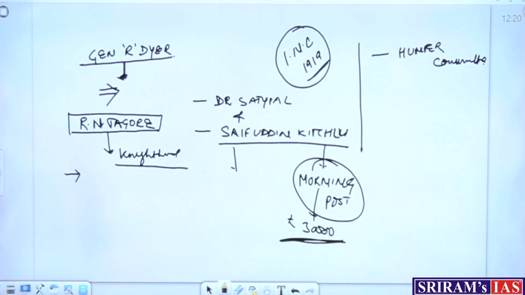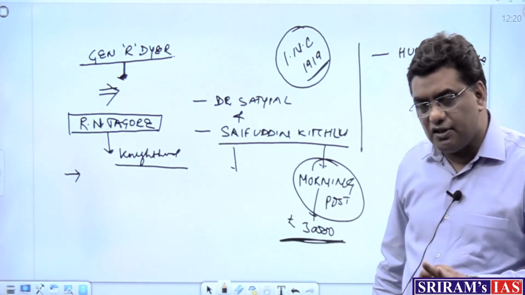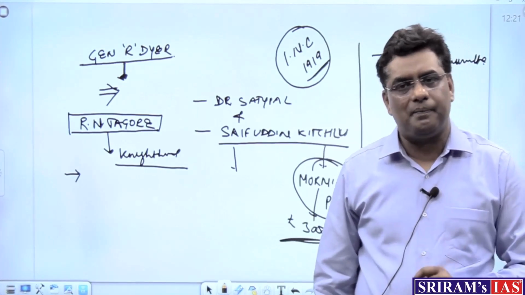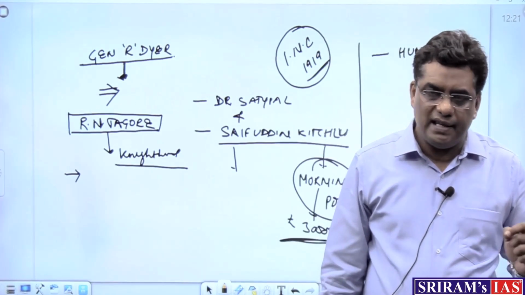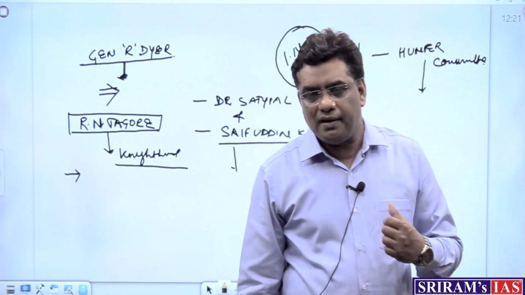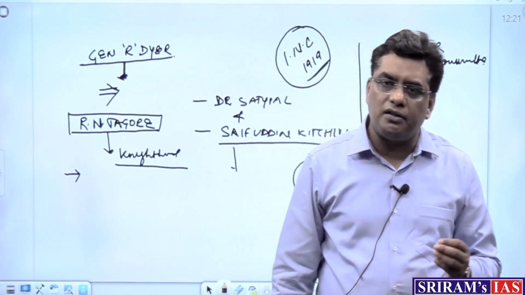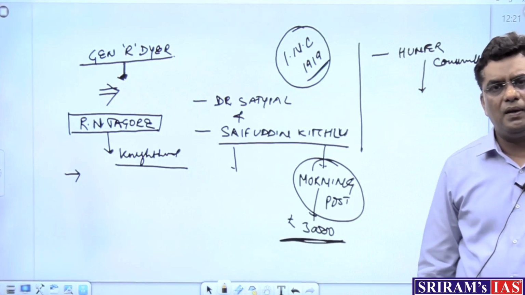Meanwhile, the report of the Hunter Committee came. Despite the fact that there were three Indians in the Hunter Committee, Sultan Ahmad Khan, Lala Jagat Narayan, and A. Setalbad, the Hunter Committee acquitted General Dyer of all charges.